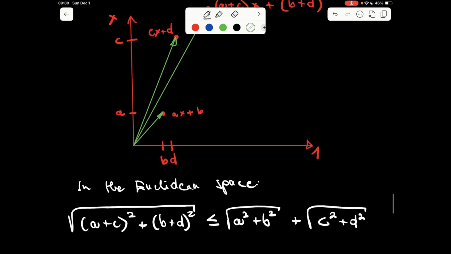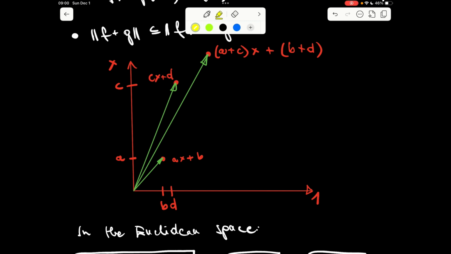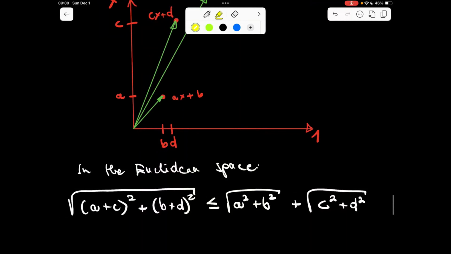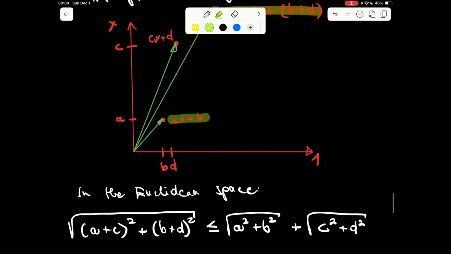Okay, so this is the sum. It has a length, and the length cannot be higher than the sum of the lengths of the component vectors.